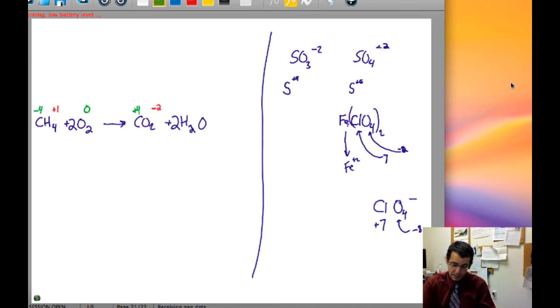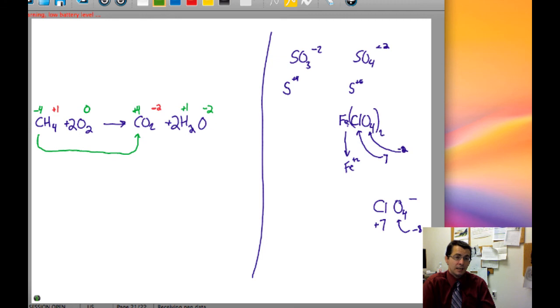And we can do a similar analysis for the oxygen and the hydrogen of water to obtain the following oxidation numbers. What we can see is that in this case, the carbon has changed from a -4 to a +4 oxidation number. It's somehow managed to eliminate 8 electrons.